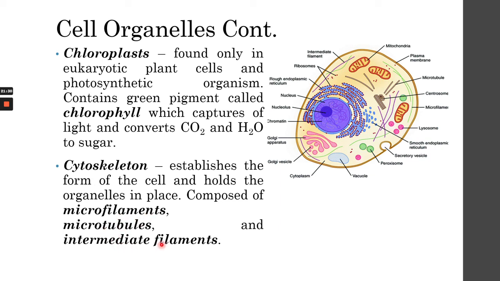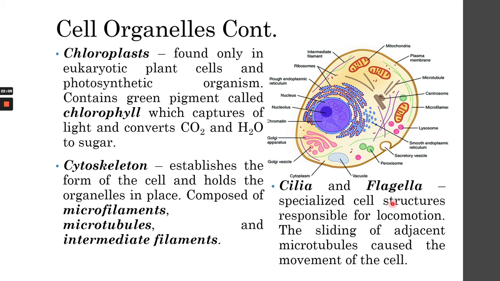We're not going to go deep into the discussion of these because if you go to college and study more about cellular biology, you will go in depth more about microfilaments, microtubules, and intermediate filaments and their purposes. But for intents and purposes for this class, we just think of them as the skeleton inside the cytosol, which holds the structure of the cell.